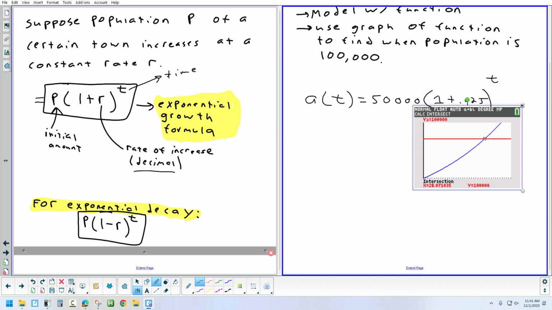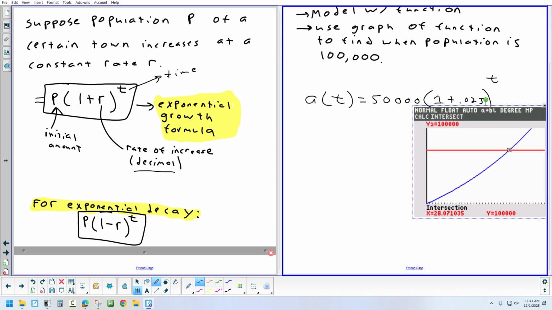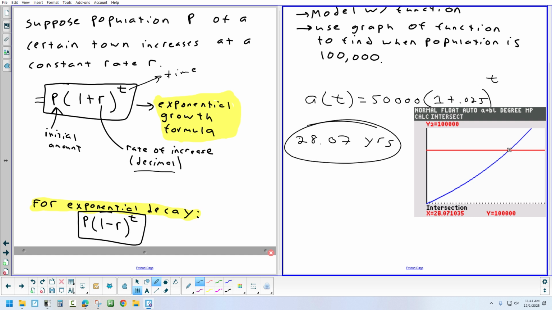So it's going to take 28.07 years. That's the amount of time for the population to double, assuming a growth rate of 2.5% every year, and 50,000 people to start.